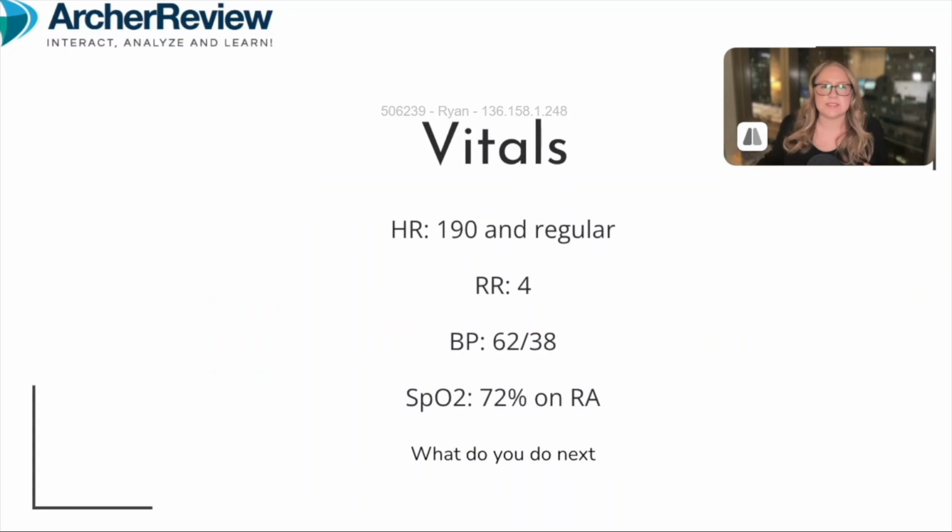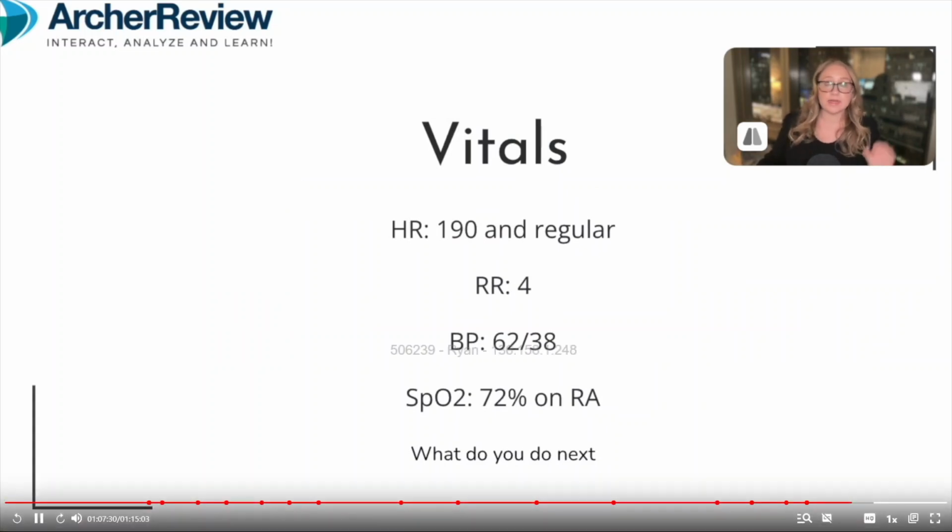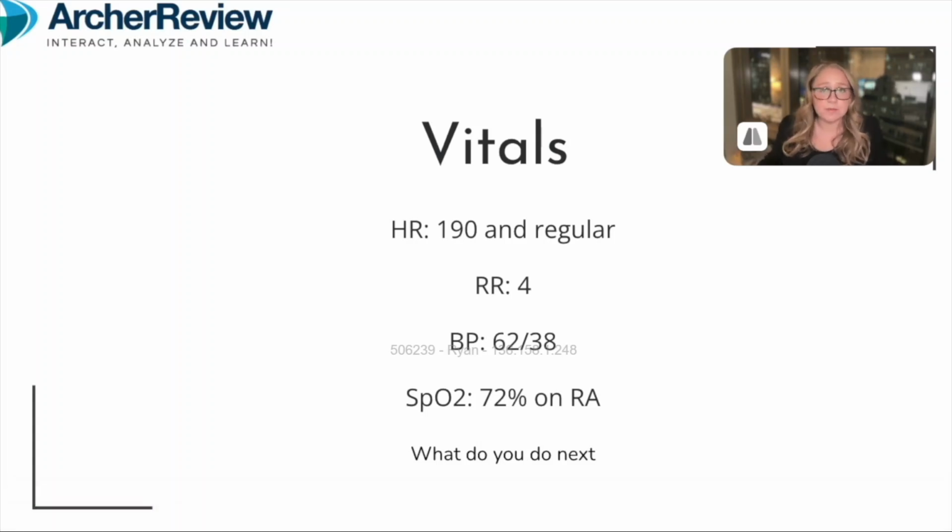So we get some vitals on this client. Her heart rate is 190 and regular. She's not breathing very well. EMS told me that she is breathing, but not very much, just 4 times a minute. And she's profoundly hypotensive at 62/38. She's also desaturated. Her oxygen is 72% on room air.